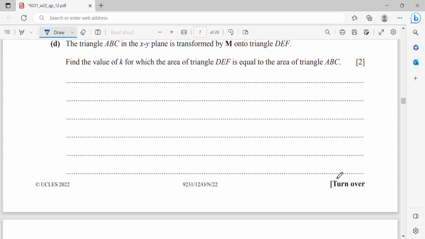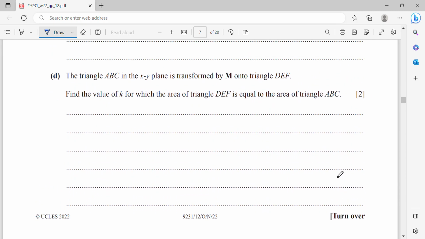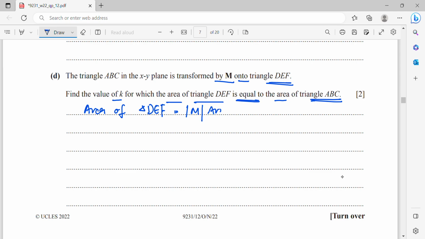Now part D. The triangle ABC in the xy plane is transformed by M onto triangle DEF. Find the value of k for which the area of triangle DEF is equal to the area of triangle ABC. Now the area of triangle DEF will be the determinant of M times the area of triangle ABC.